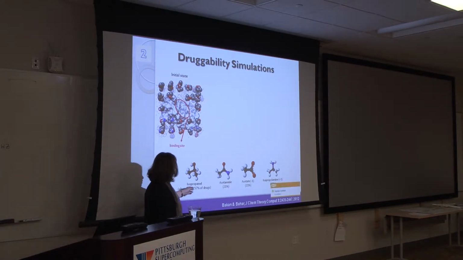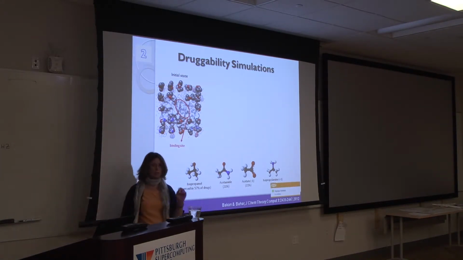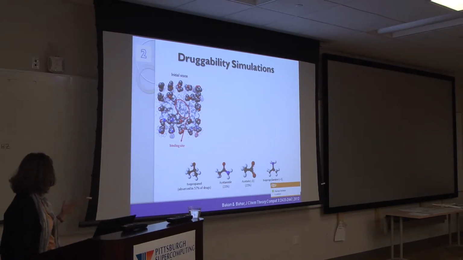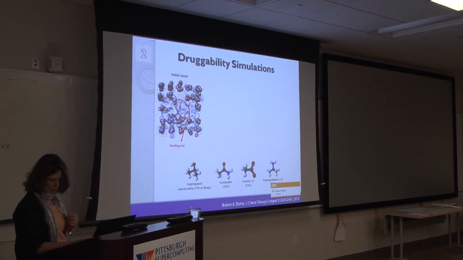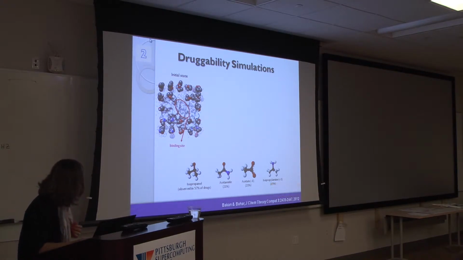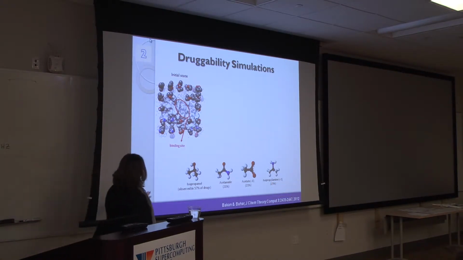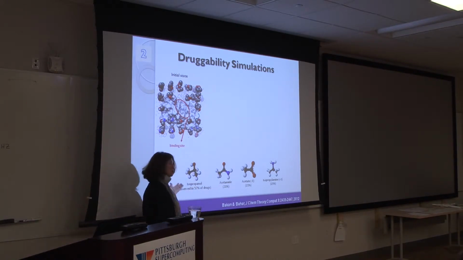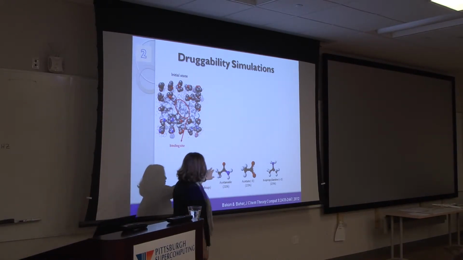For example, isopropanol is observed in 57% of known drugs; we have at least one isopropanol group. Or acetamide.